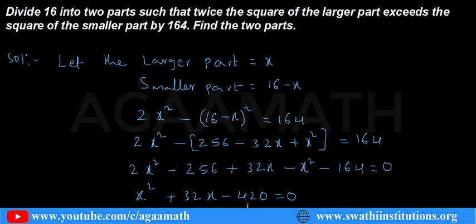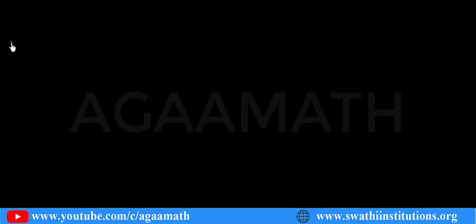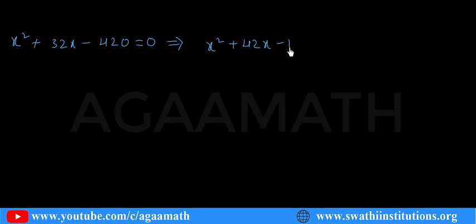So x square plus 32x minus 420 equals 0. I use the factorization method: x square plus 42x minus 10x, which is 32x, minus 420 equals 0.